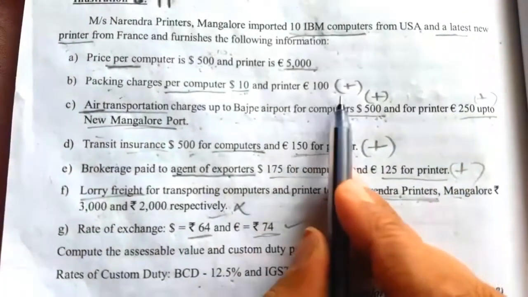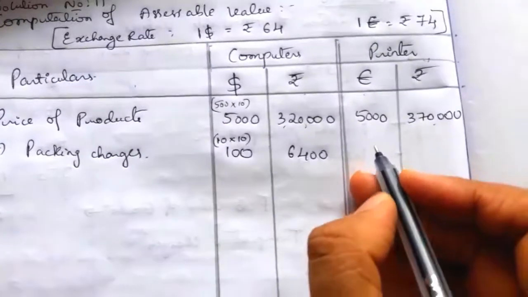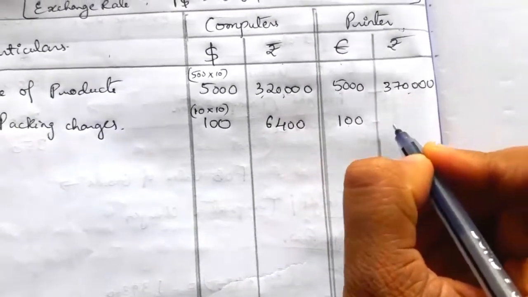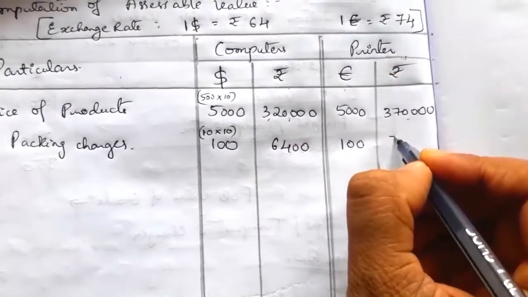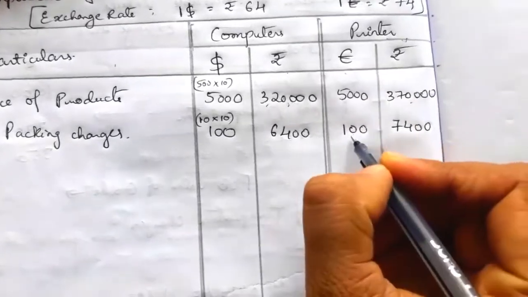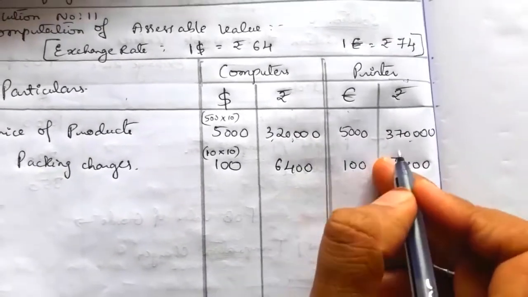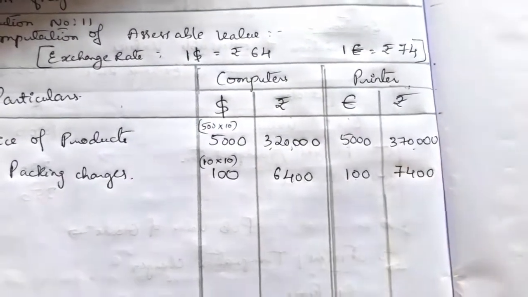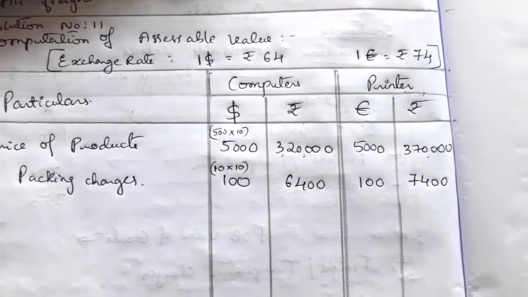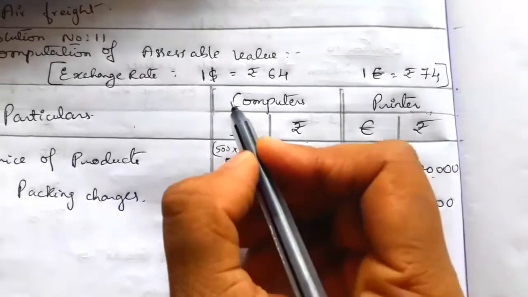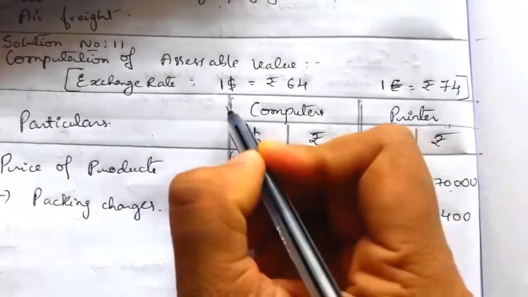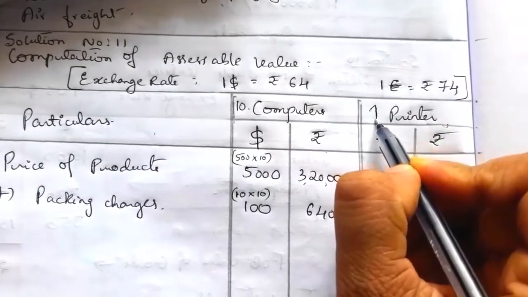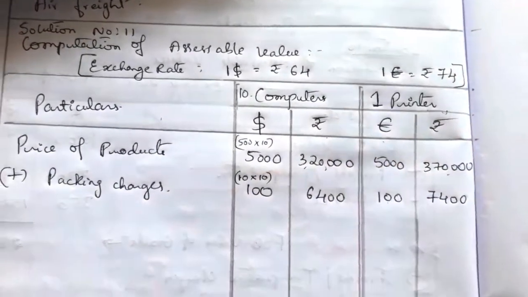So for the printers packing cost is euro 100. So write the amount in the euro column, euro 100. So 100 into 74 is equal to 7,400. Here need not multiply into 10 or any other value, because they have imported only one printer. Clear? If you want, here you can mention 10 computers and one printer.